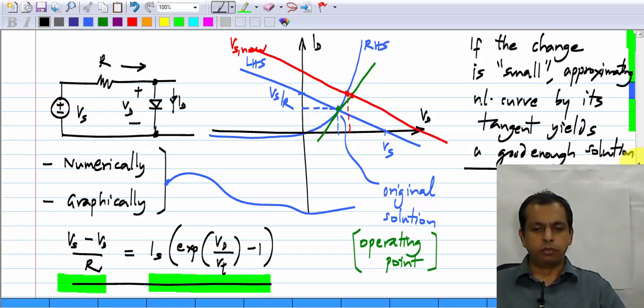So, this is what we will do. Now, this is approximate, but it turns out that this approximation is quite good in a lot of practical contexts. So, we will use this widely.